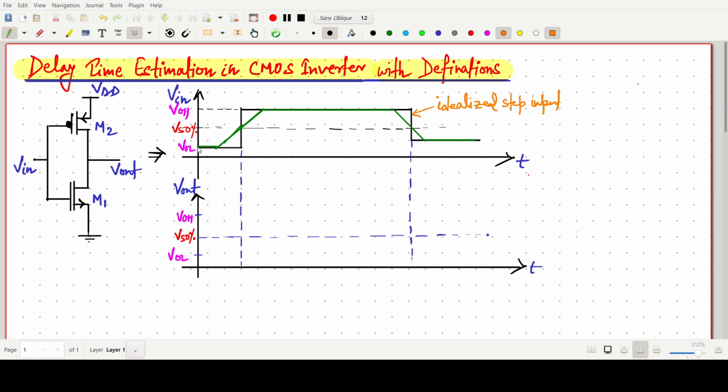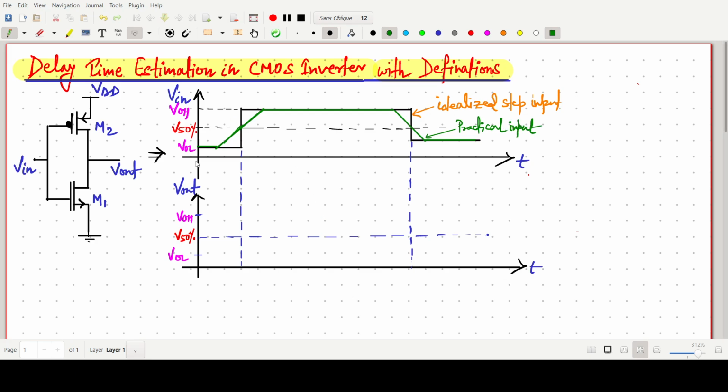It starts from VOL, crosses V50 as a rising input, and then falls like this. The ideal one is the step input, and the green one is the practical input.